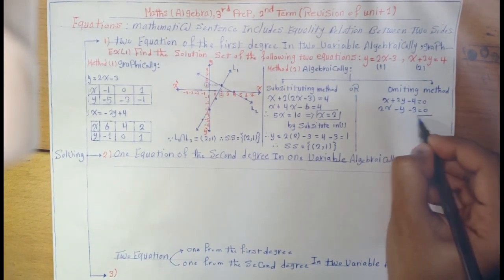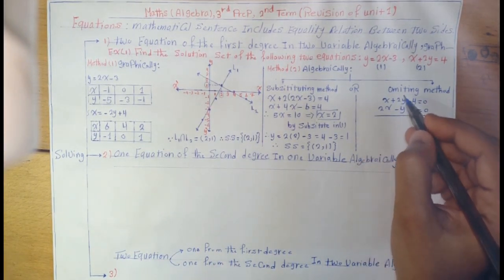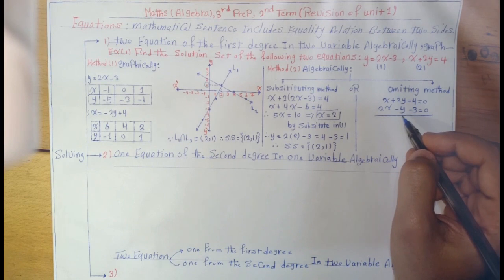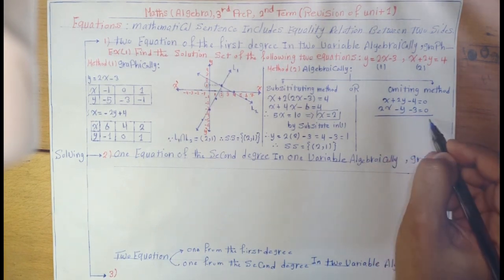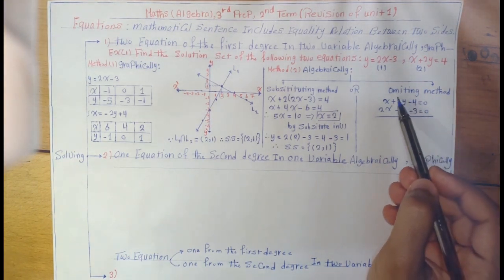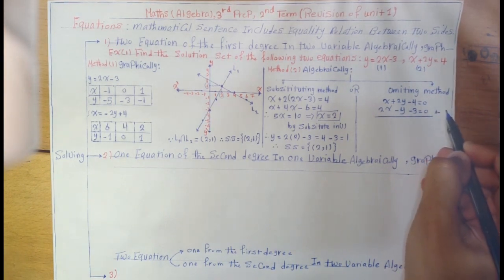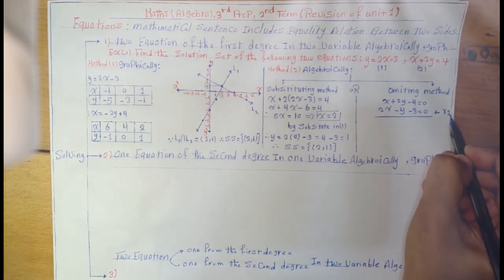And then we try to cancel one of the two variables in the two equations and get a third equation in one variable. So let's try to cancel the variable y by multiplying the second equation times 2.